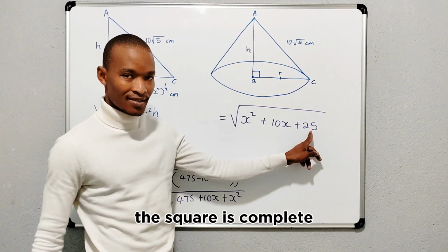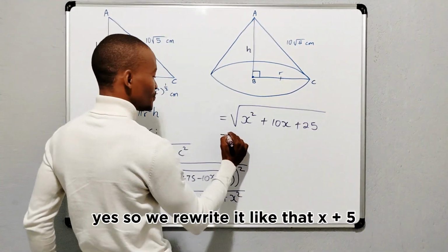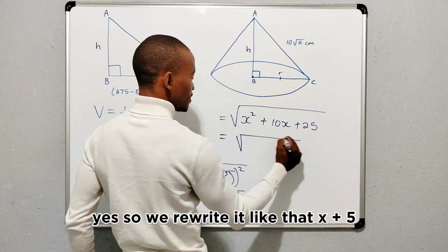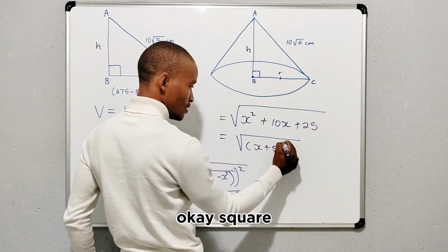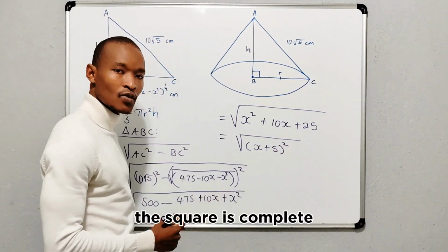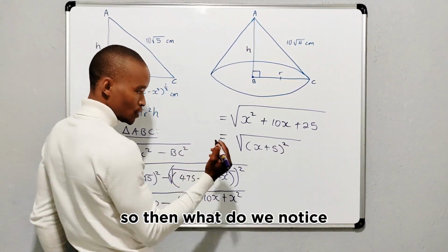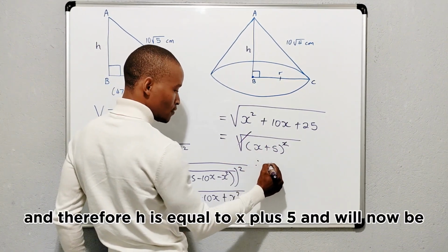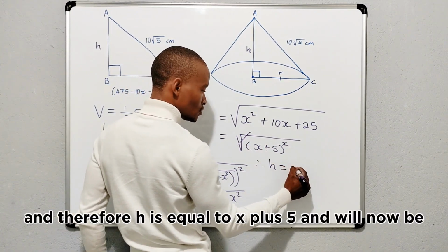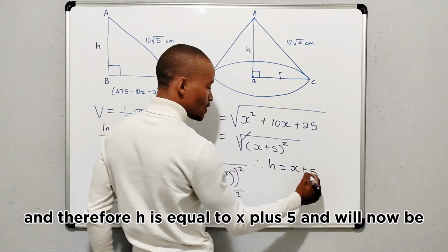The square is complete, yes? So we rewrite it like that: (x plus 5) squared. The square is complete. So then what do we notice? Cancellation happens, and therefore h is equal to x plus 5.